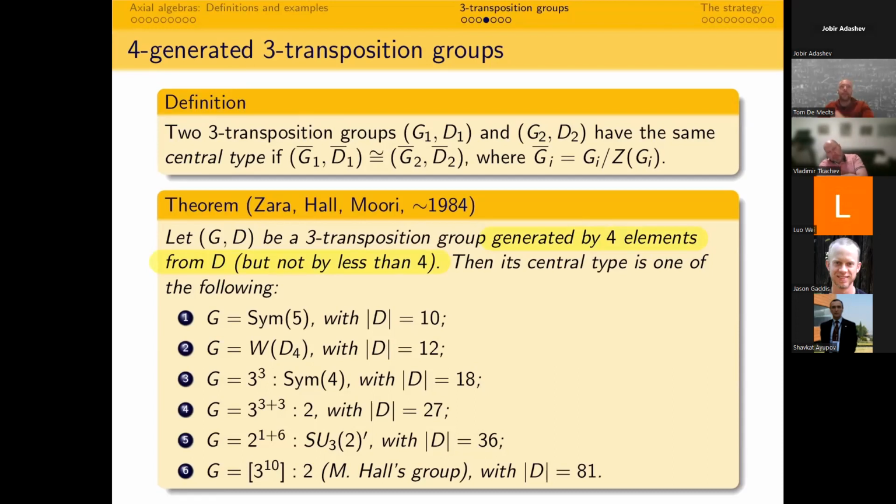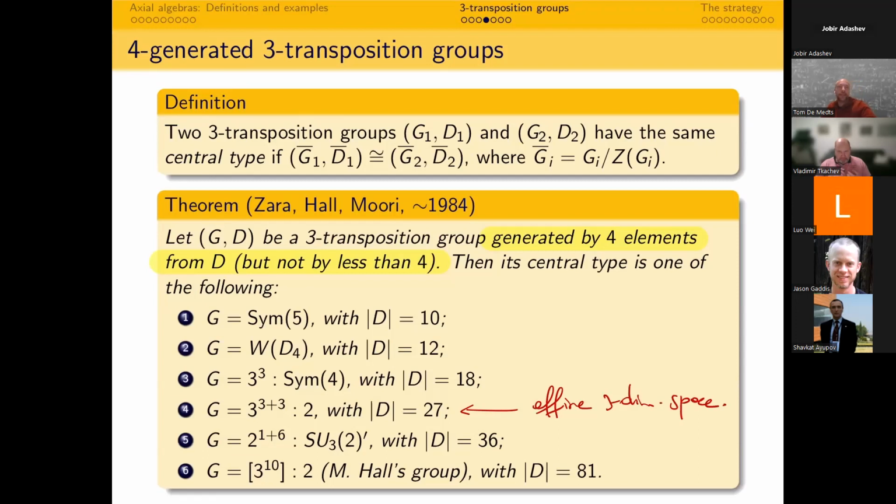And then you get some examples like 3 cubed Sim4, which is a generalization, a higher dimensional version, of the second example we had, like 3 squared colon 2. The 4th example here corresponds to affine space, so affine 3-dimensional space over the field with 3 elements.